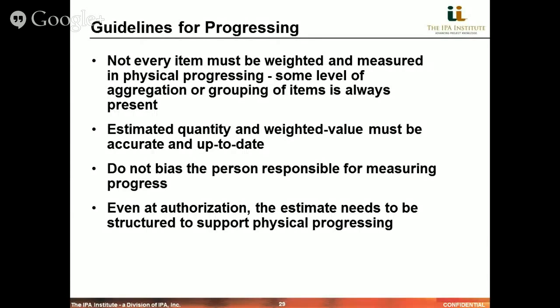So even at authorization, at the end of front-end loading, the estimate needs to be structured to support and set the project up for physical progress. And this is one of the critical measures that we gauge as part of a project evaluation, an understanding of the extent to which physical progressing is designed into the cost estimate and the project controls plan, both for the engineering deliverables as well as the construction deliverables.